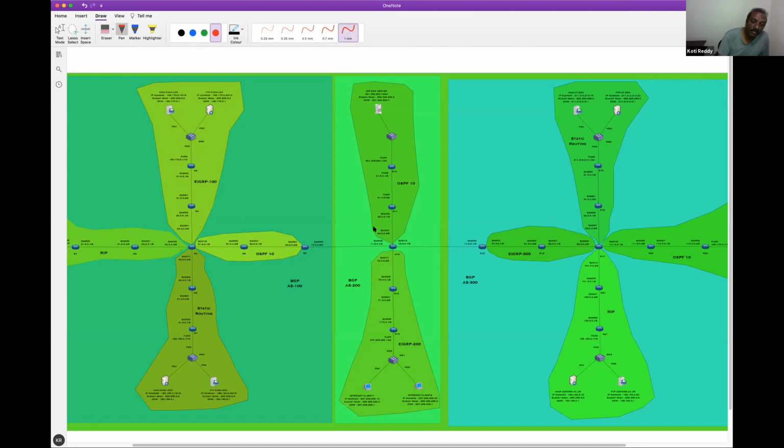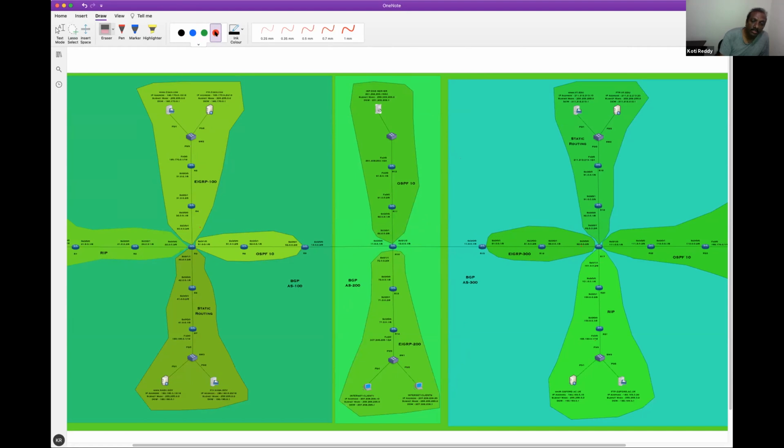Similarly, we have also enabled OSPF on these routers here. We also enabled EIGRP 200 on these routers here, and then redistributed from OSPF to EIGRP and also EIGRP to OSPF. Right.